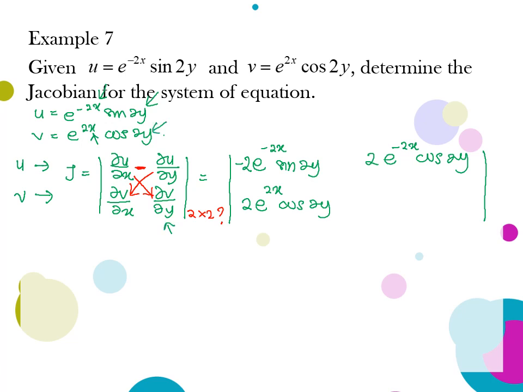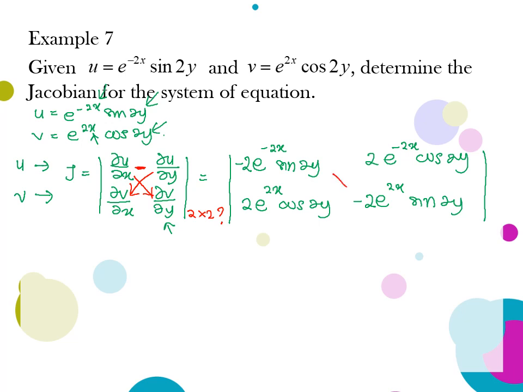Concentrate on y, so you get exponent 2x, cos, differentiate cos, you will get negative sine 2y, differentiate 2y, you get 2, so that will give you negative 2 because differentiating cos gives a negative sign. Then cross product this to find the determinant.